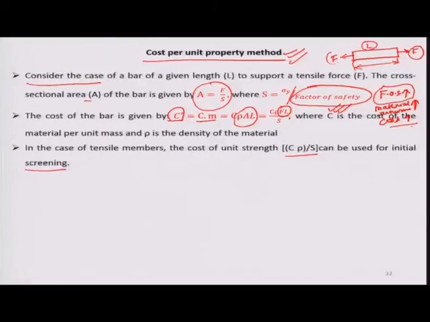You know the product is to be used in a particular operation where that much force will be applied. So both parameters, F and L, are fixed. Only this term, Cρ/S, is going to be the main term in the cost per unit property calculation.